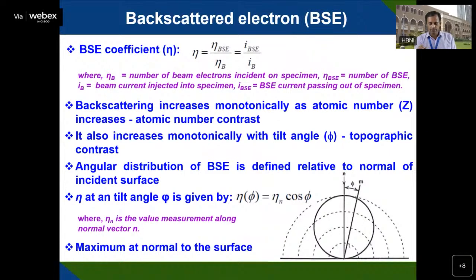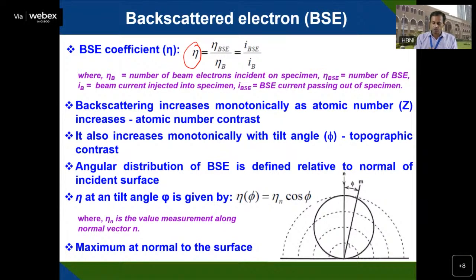As I discussed, in backscattered electrons, the electron beam coming from the top surface interacts directly with the material very close to the nucleus, and the electron gets scattered back. That is called a backscattered electron. The backscattered electron coefficient, eta backscatter, is the number of backscattered electrons generated, N_BSE, divided by the number of incident beam electrons on the specimen, N_B.